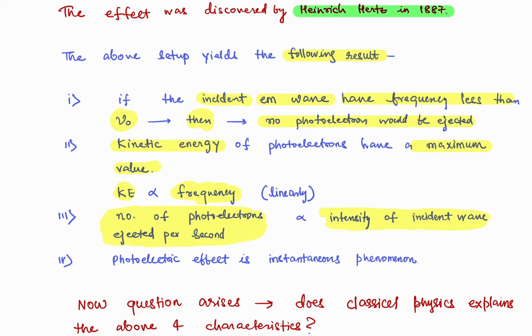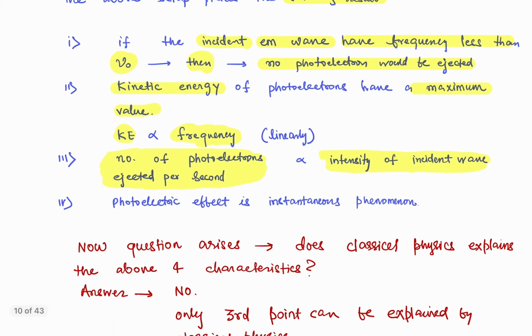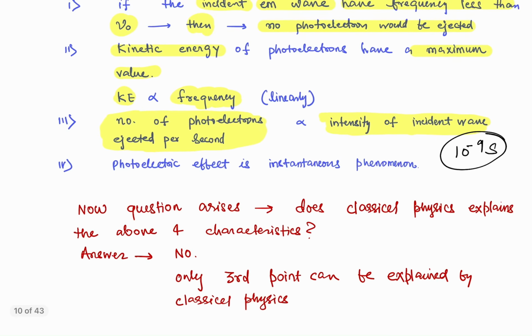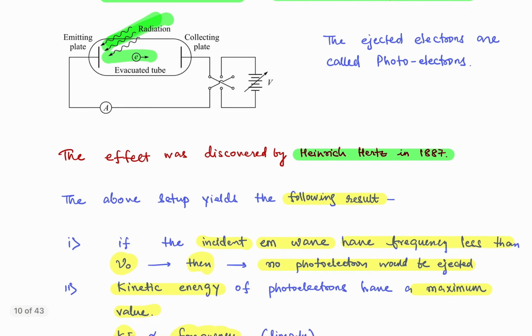As soon as the minimum amount of energy is incident on the metal plate, at that exact moment, in the range of 10 to the power minus 9 second, the electrons will be ejected. So these are our experimental observations.